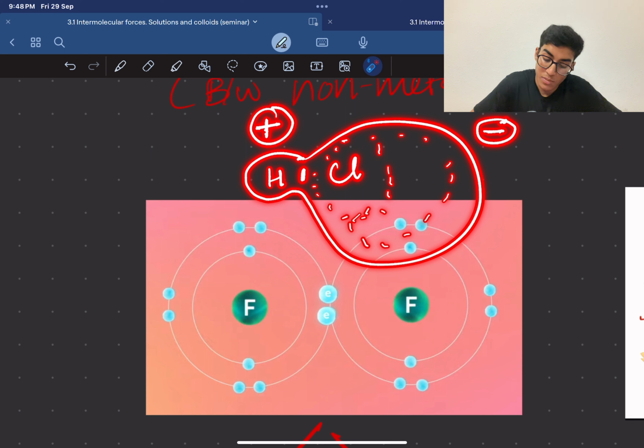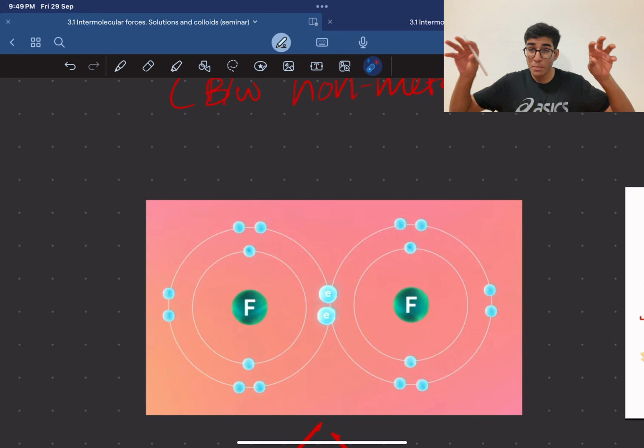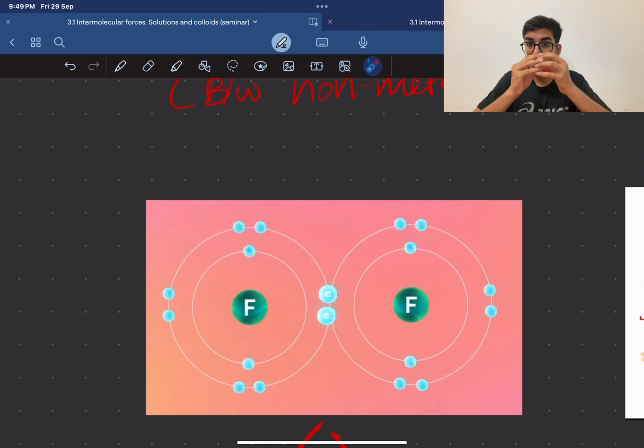But what happens is, because of the difference in electronegativity, there is a slight negative and a slight positive charge. This makes the whole molecule of HCl polar. Again, in ionic bonds, this difference in electronegativity, or this difference in the number of electrons, creates a positive and negative, and this is the main reason that they attract each other.